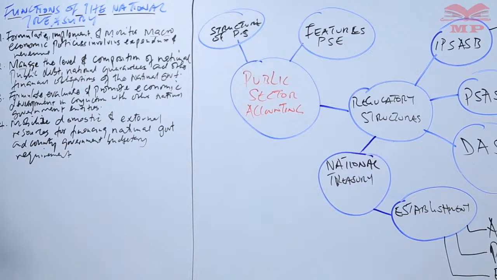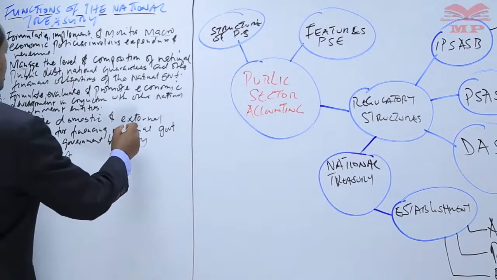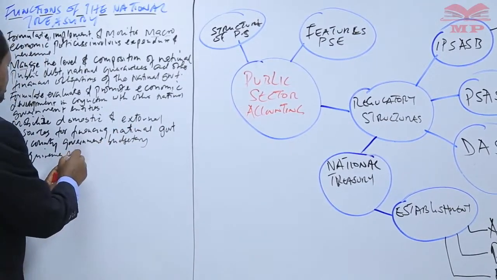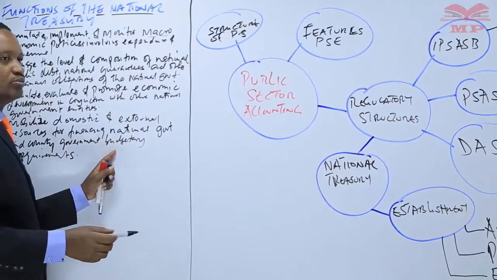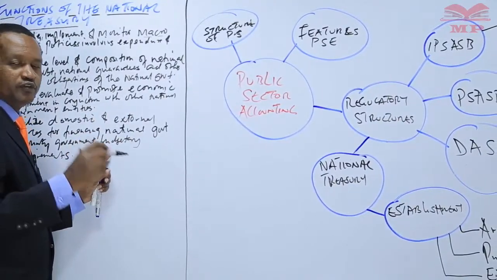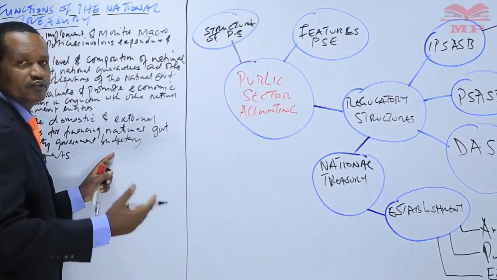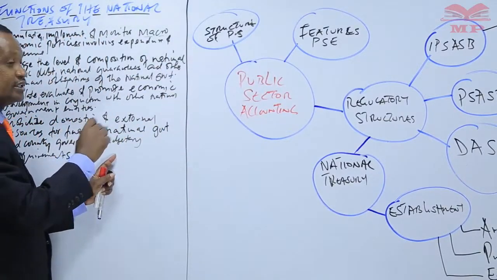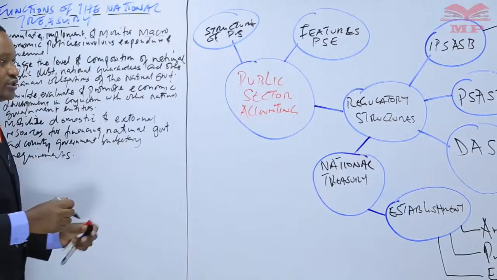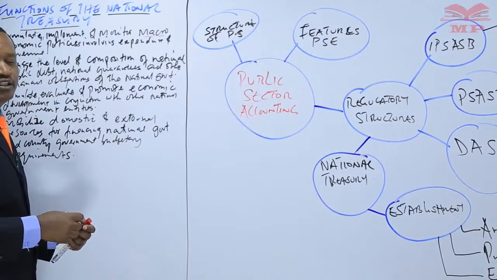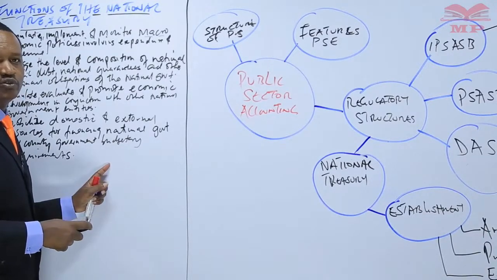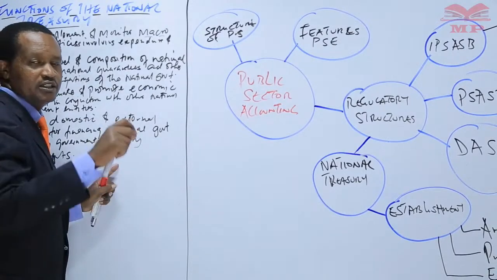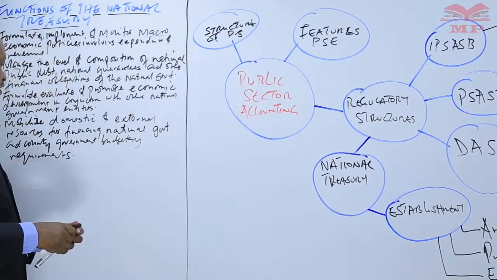It is supposed to mobilize both from within and from without. All right, domestic and external resources have to be mobilized by the National Treasury to ensure that the budgetary requirements of the national government and the county government are met.